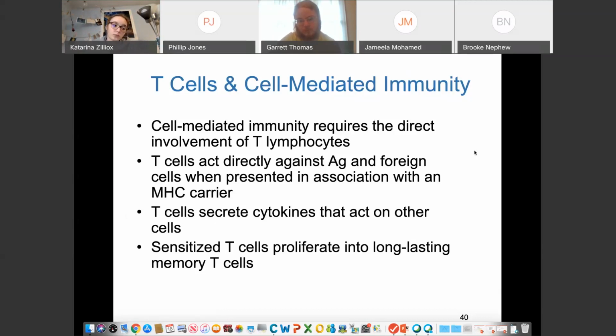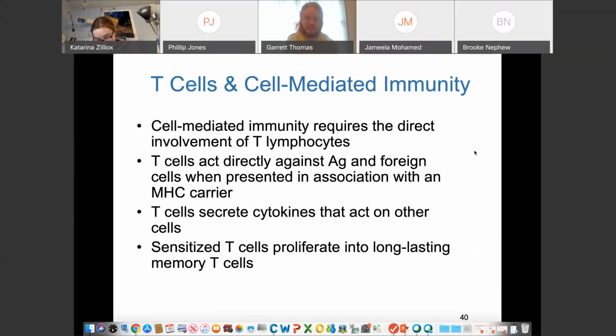All right? Okay. So cell-mediated immunity requires a direct involvement of T lymphocytes. That's cell-mediated. The T cells literally attack. T cells are hand-to-hand Krav Maga or whatever martial arts you want to call it, that's what they do. T cells act directly against antigen in foreign cells when presented in association with an MHC carrier.